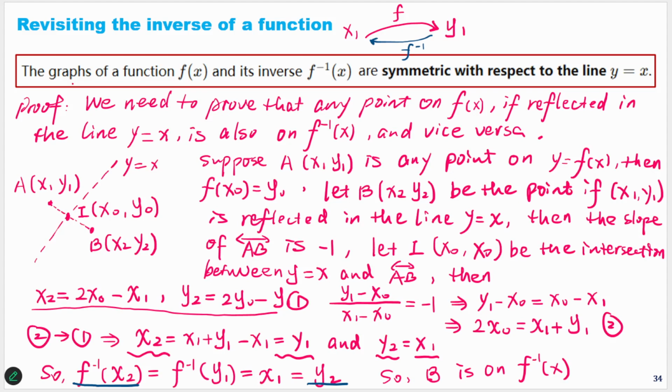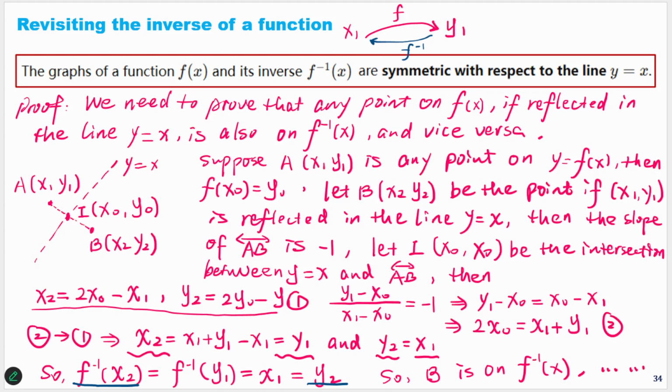You can also use the same method to prove that if you select any arbitrary point on inverse f of x reflected in the line y equals x, that reflected point is also on the graph of f(x). Therefore, we can actually prove the graphs of a function f(x) and its inverse are symmetric with respect to the line y equals x, right?